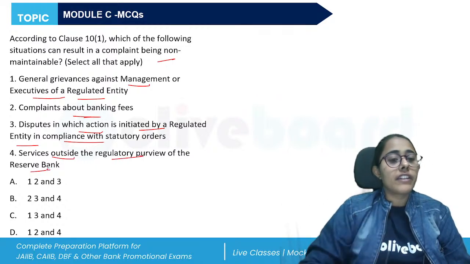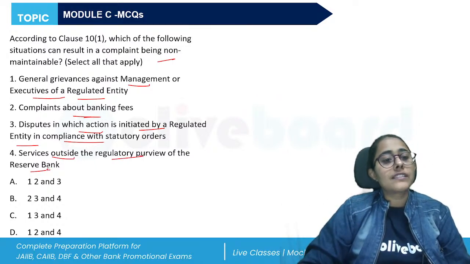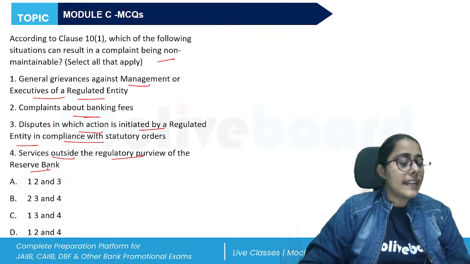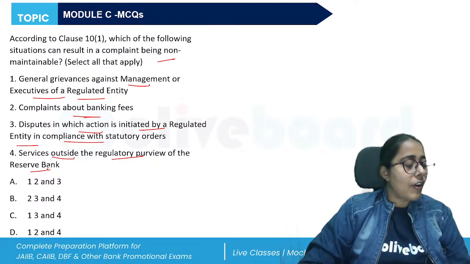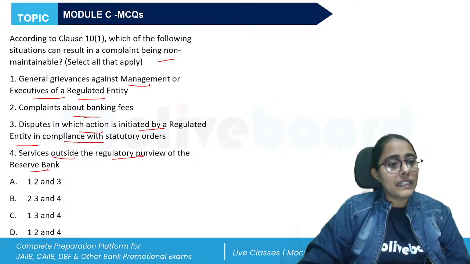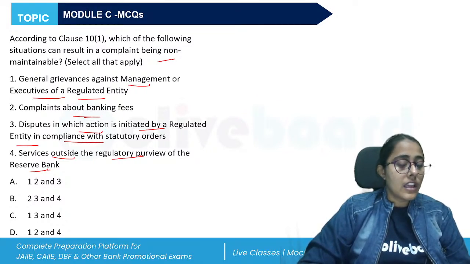So, if the grievances are against the management or executive of a regulated entity, will they be processed or will they be declared as non-maintainable? Or relating to the banking fees, or if the duties are discharged according to the statutory orders but there are disputes regarding that, or services that are completely outside the regulatory purview of the Reserve Bank.